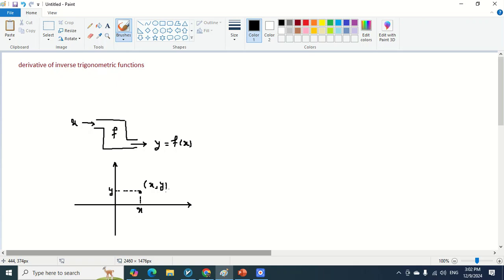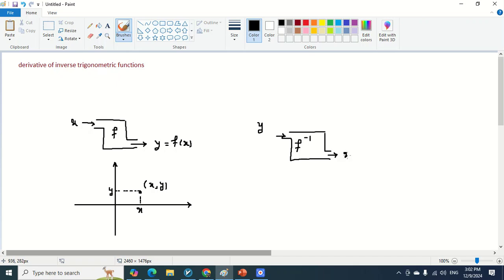But what is the inverse of a function? The inverse of a function is denoted by f inverse, and we put -1 at the top of f to denote the inverse function. So f inverse is a function where we change the input and output of that expression. It means that inside of this inverse function, if I put the value of y or f of x, then the output will be x.